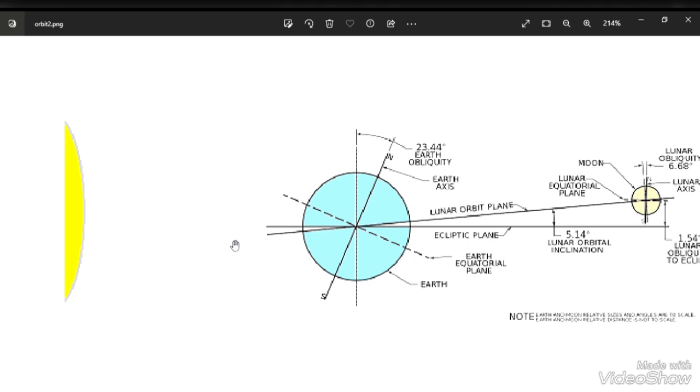For each rotation of the moon around the earth, we were going to have one eclipse of the moon and one eclipse of the sun.